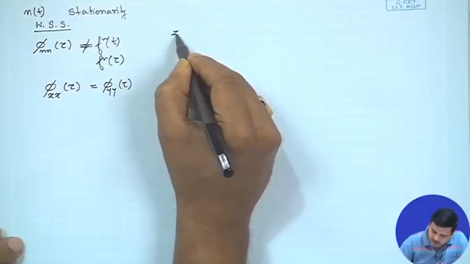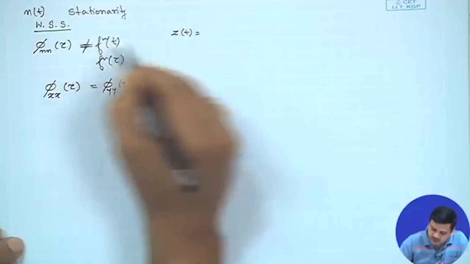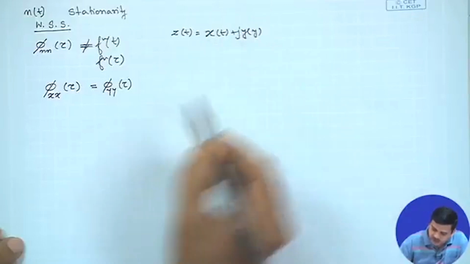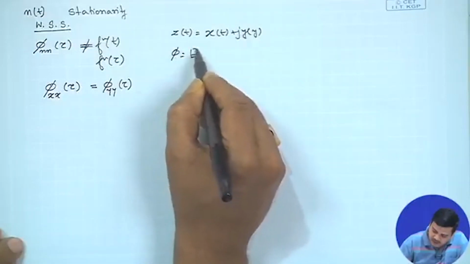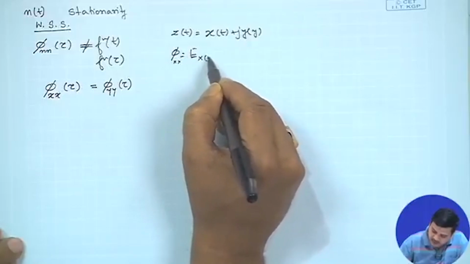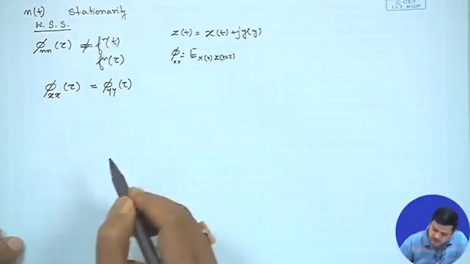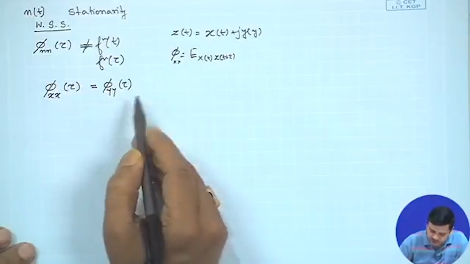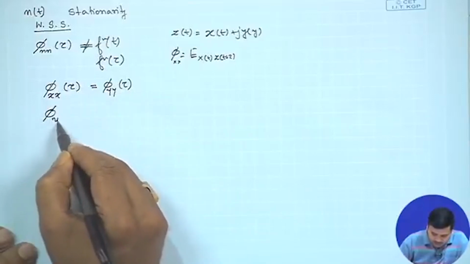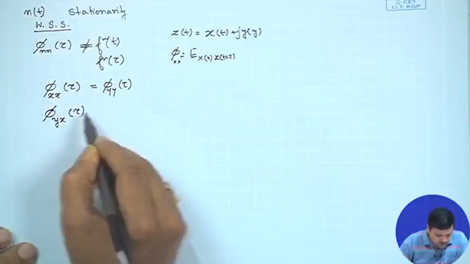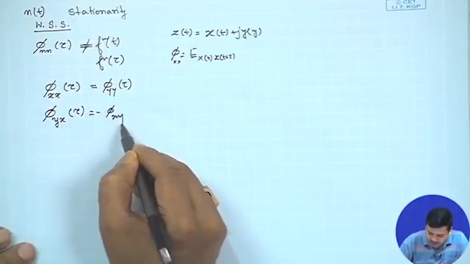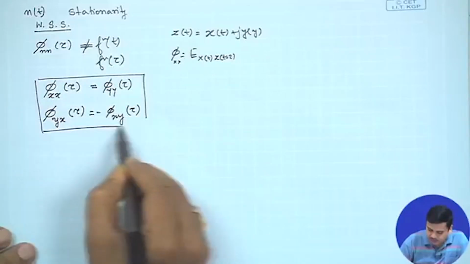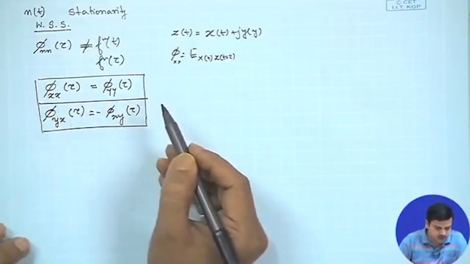We also said that if z(t), which is the complex envelope of n(t), is represented as x(t) plus j y(t), then φ_xx is the expectation of x(t) with x(t plus τ), and similarly φ_yy. This is one of the relationships we had, and we also had φ_yx(τ) equal to minus φ_xy(τ). These are the two conditions we had established in the earlier discussion.